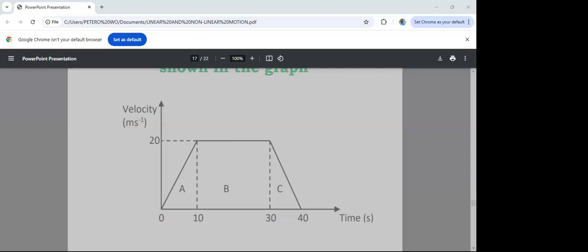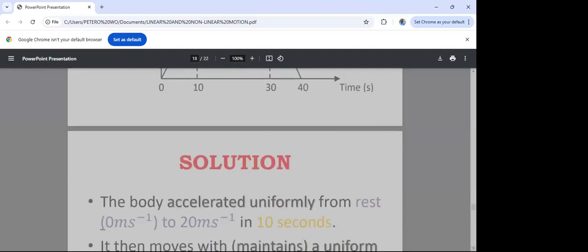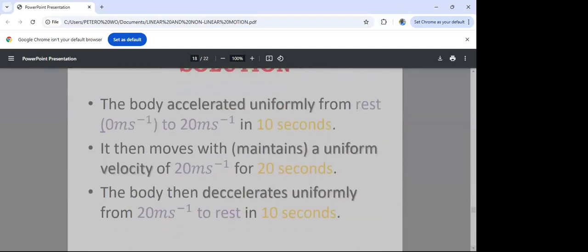Okay. So let us write down the solution for the example. The solution is here, and this is how we are going to be writing our answers.